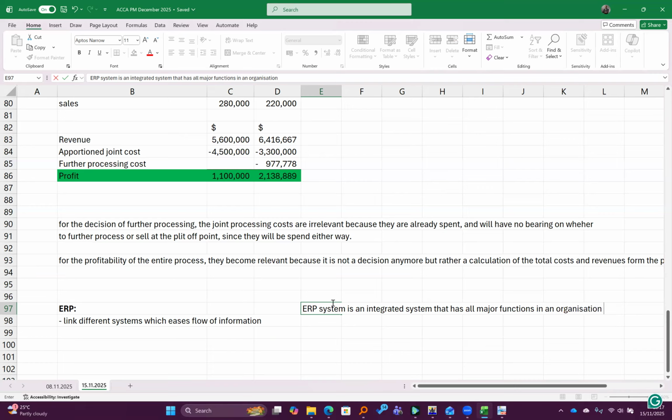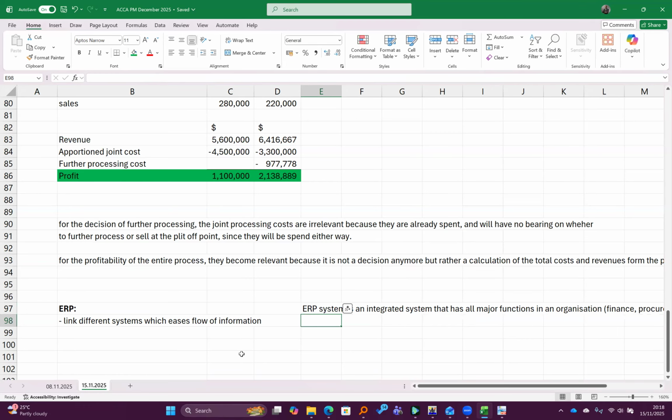So here you think about things like finance, procurement, then you can think of operations. Different companies have different departments, but at least we have some that are similar, like HR. Basically, you have them integrated in one system.